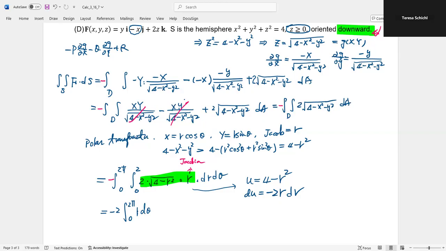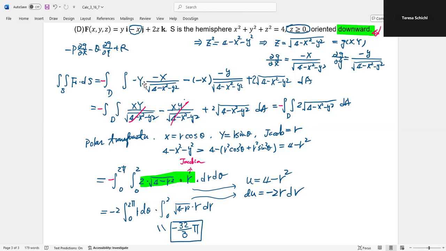Then in here you can do 0 to 2 of 4 minus r squared times r dr, so you use u-sub here, and the final answer is going to be equal to negative 32 over 3 times pi. Okay, so after you finish the integration, you get negative 32 pi over 3.